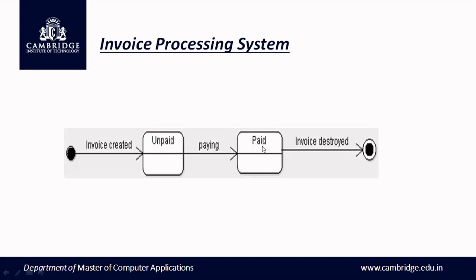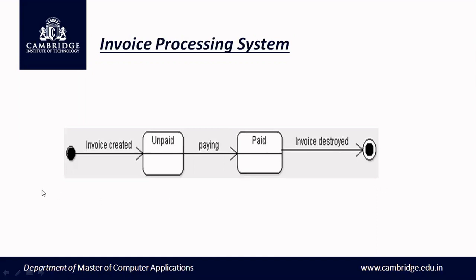Once the paid state is complete, it comes to the termination state, and you can see an event occurs, that is invoice destroyed. Once the payment is done, the customer is nowhere involved here. So in this case the invoice will be destroyed, right? Once the destruction of the invoice takes place, it will be the end of this particular state diagram.